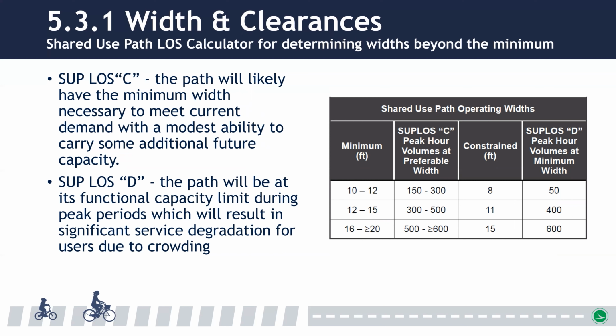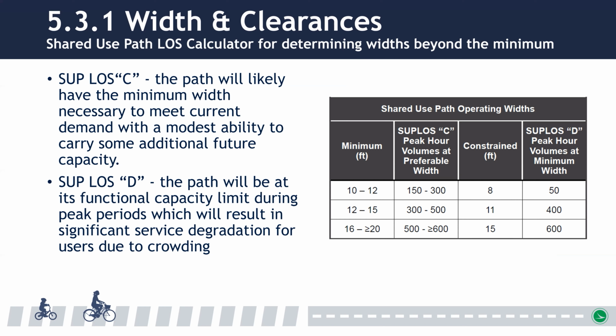By comparison, level of service D means that the path will be at its functional capacity limit during peak periods, which will ultimately result in significant service degradation for users due to overcrowding.